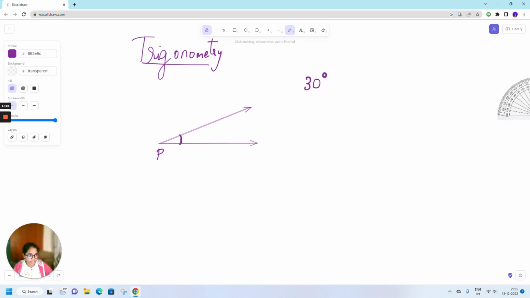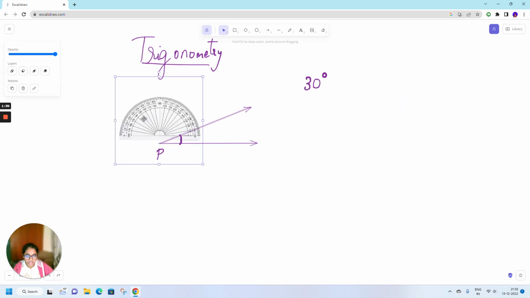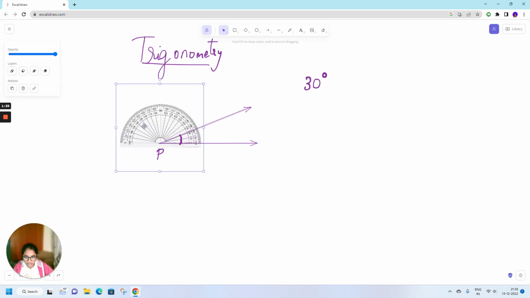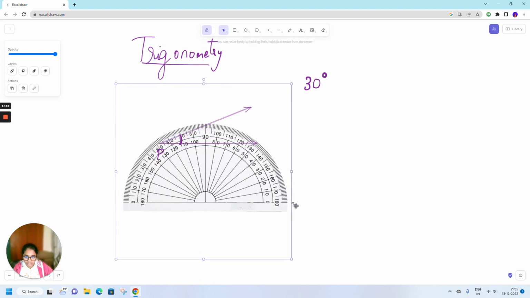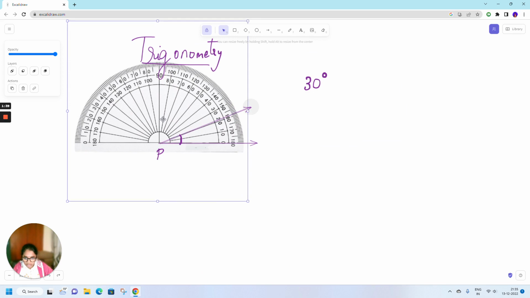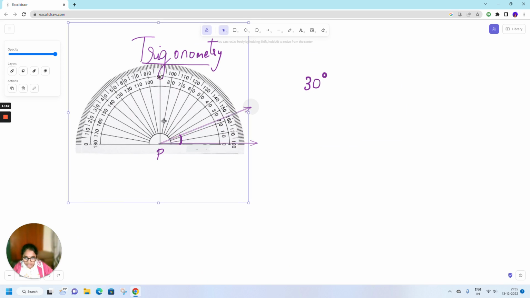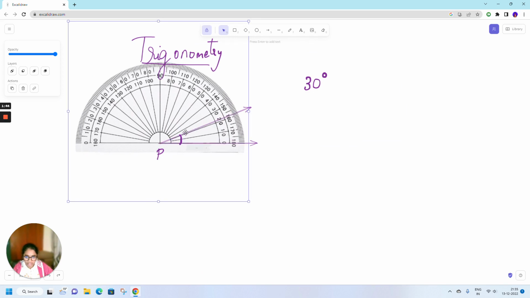I hope you remember the protractor. You see, we have something like 20 degree over here. The other ray is at 20 degree. This measurement using the protractor represents the distance between two rays that start from the same point.